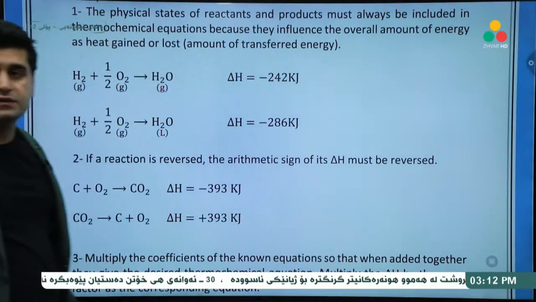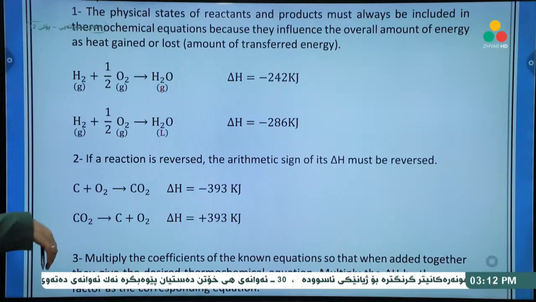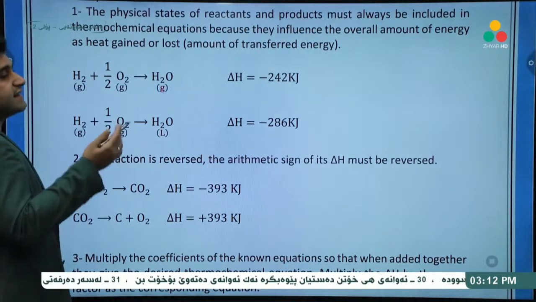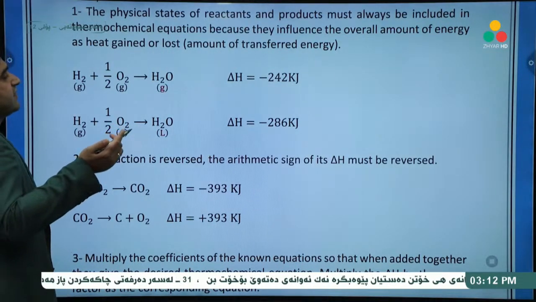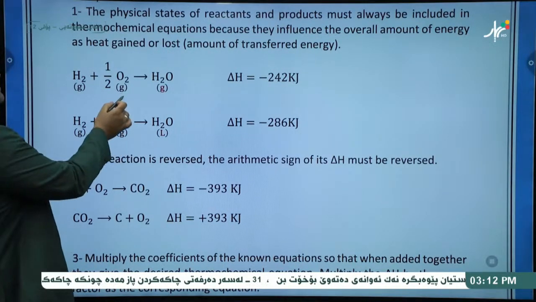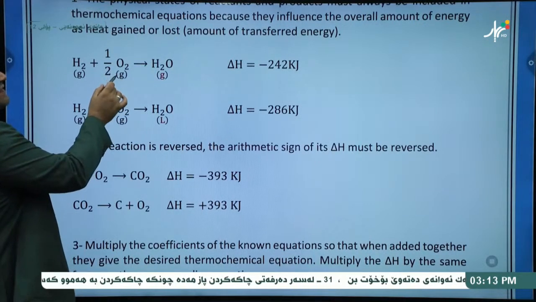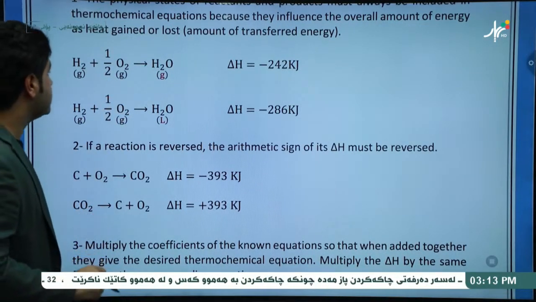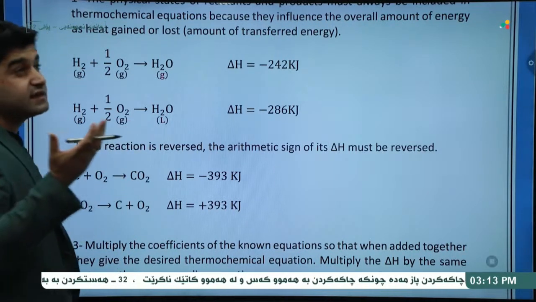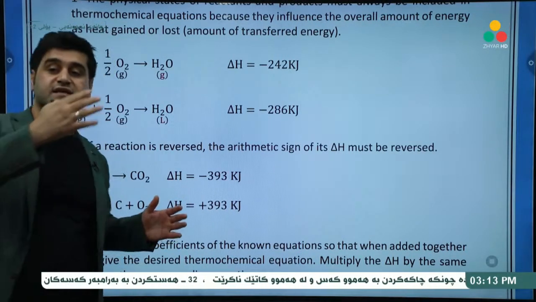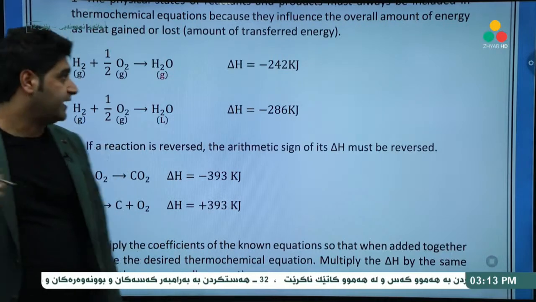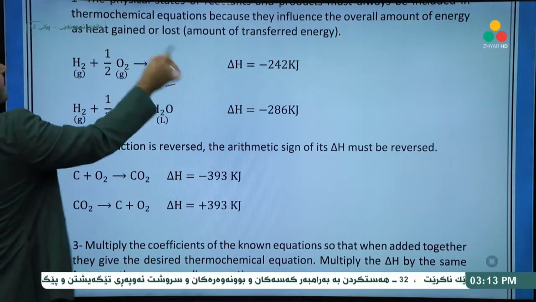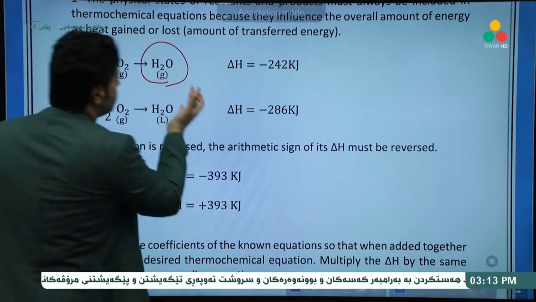But before going to study those notes, we have something. When you write a thermochemical reaction, the physical state must be identified for the components of reactants and products, because the physical state can influence the value of delta H. You see, here we prepared gaseous water, a vapor of water.